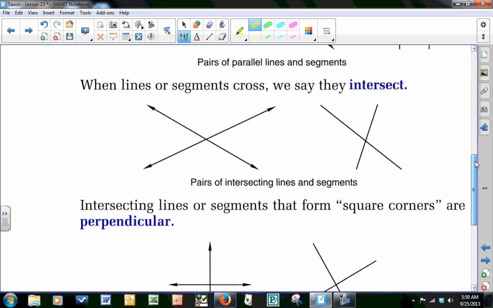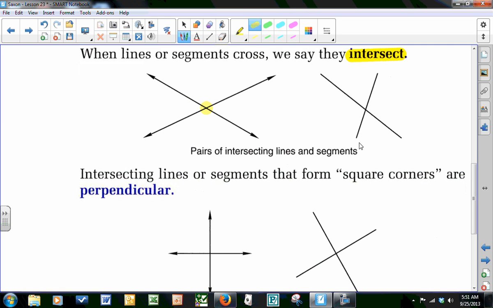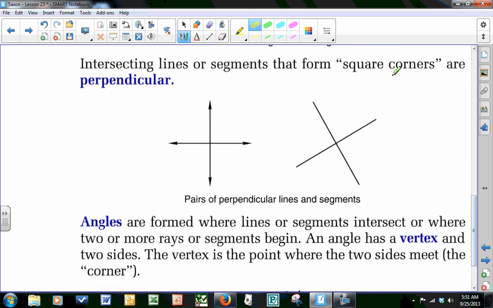The next term, sometimes lines or segments cross and we say they intersect. It's kind of like when two roads meet, where they meet is called the intersection. And they can cross at any degree of angle. It can be lines that cross or segments that cross. Sometimes there's a special kind of intersection that forms a square corner.